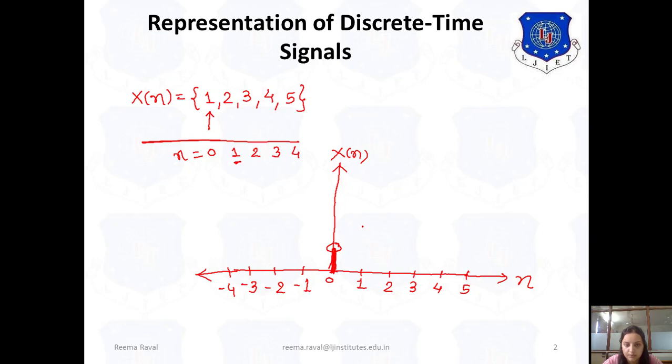So at n equals 1, I can draw the signal like this, with amplitude 2. Here x of n value is 1, here it's 2, then 3, then 4 and then 5, likewise. The next time instant is n equals 2, where its value is 3. So here it will be like this.